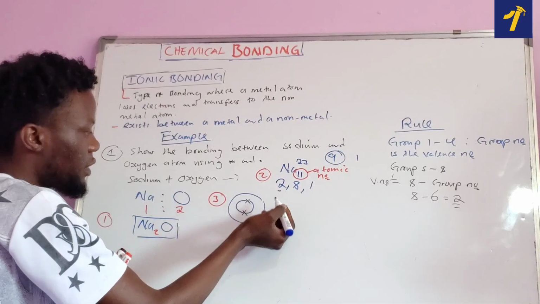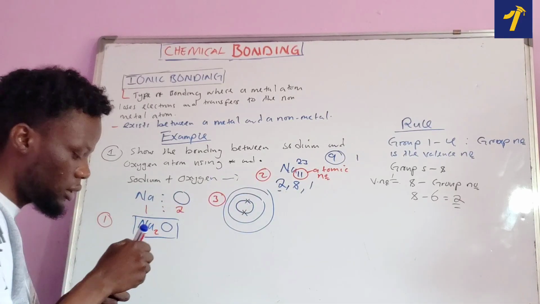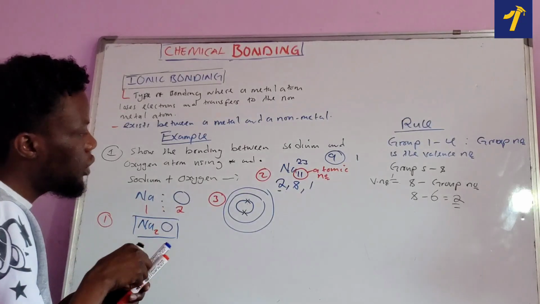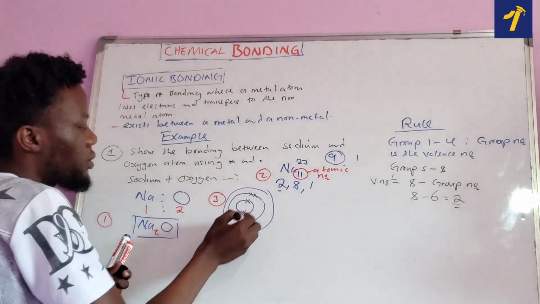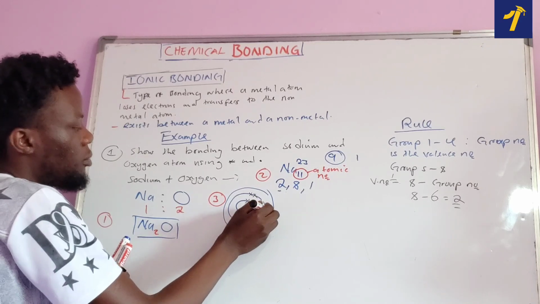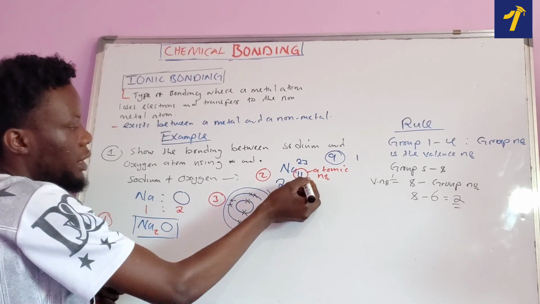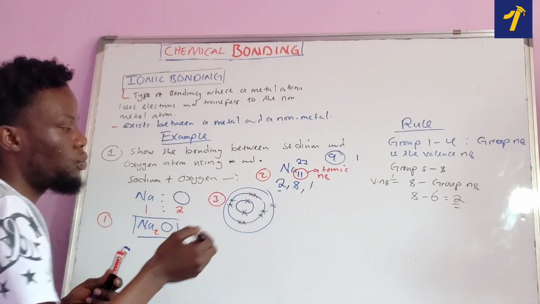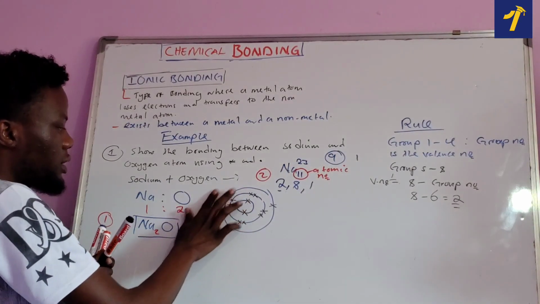The second shell, and the last shell. In the second shell we have about 8 electrons, so you write 8 electrons like that, 4, 5, 6, 7, 8. And in the last shell we have only 1. This is for sodium.